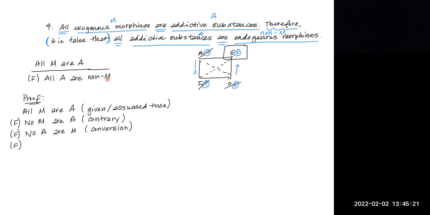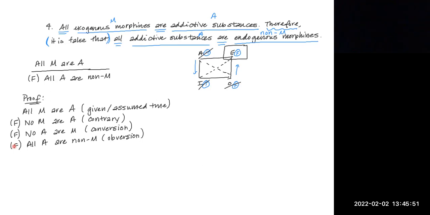And there's one thing that will do both of those, and that is obversion. It will take the quality and change it from no to all, and then it will replace the predicate term M with its term complement non-M. So it becomes all are, changes M to non-M, and it leaves the subject term A alone.